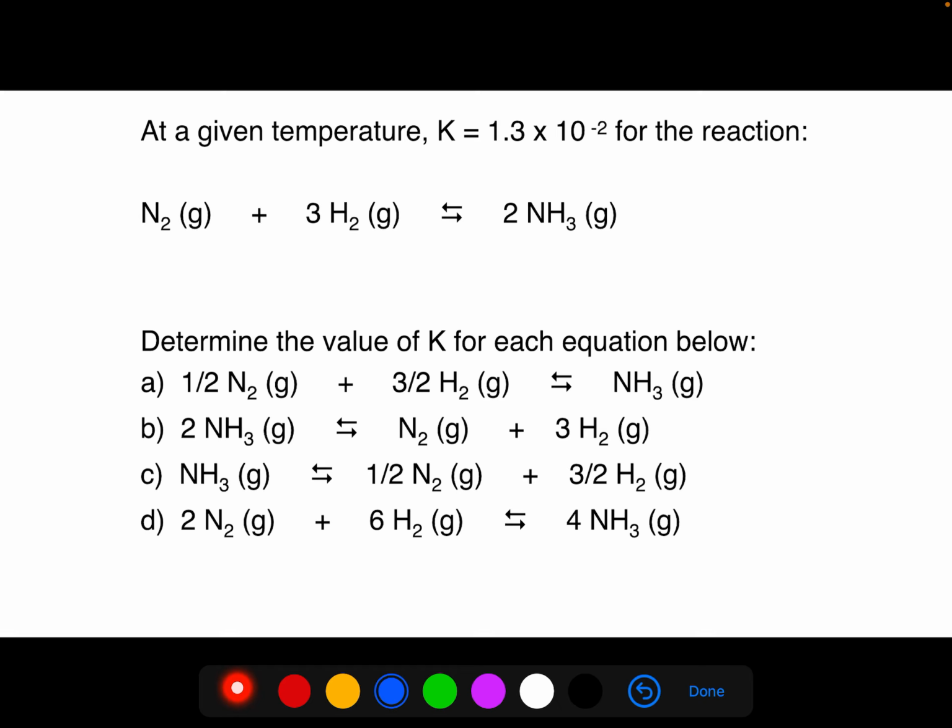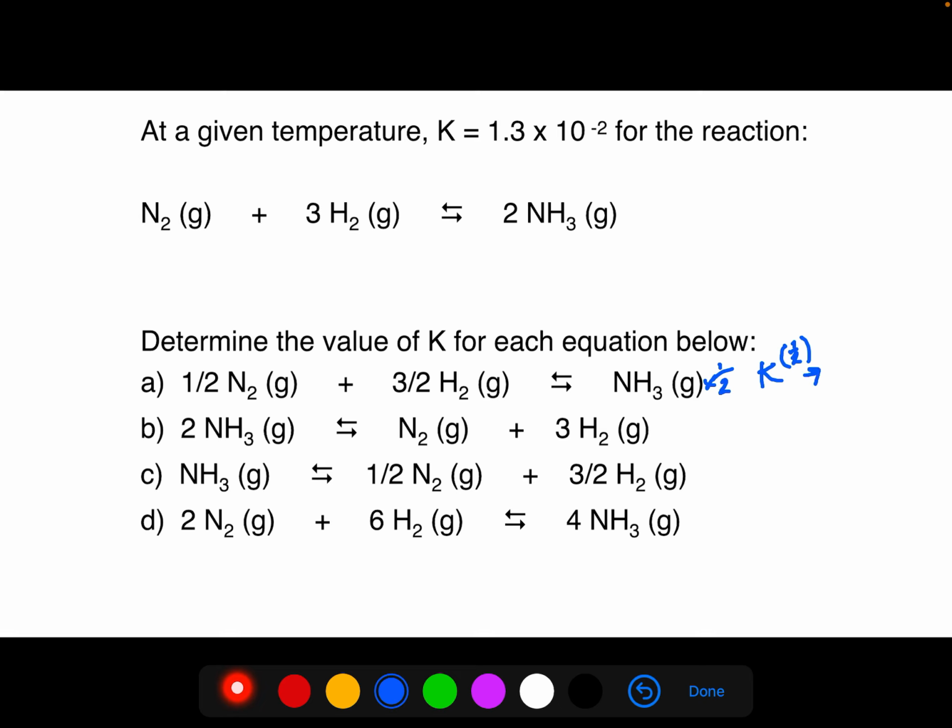But if you look, the coefficients have been divided by 2 or multiplied by 1/2 from the original equation. So whenever we're looking for K, we said whenever a reaction is multiplied by a factor, K is going to get raised to that factor. So to find our new K value, we're going to have to do K raised to the 1/2 power, since our reaction was multiplied by 1/2.